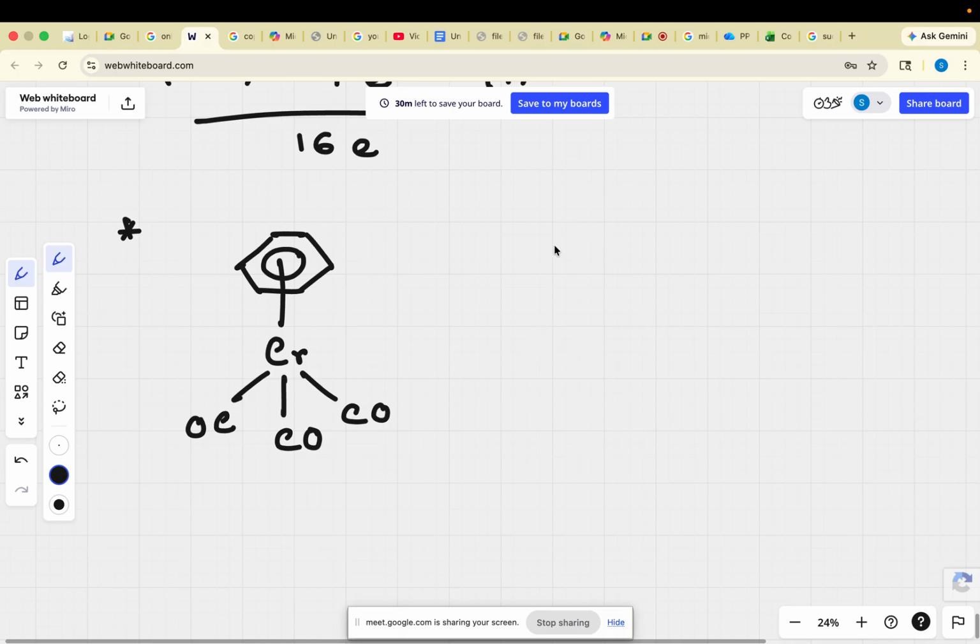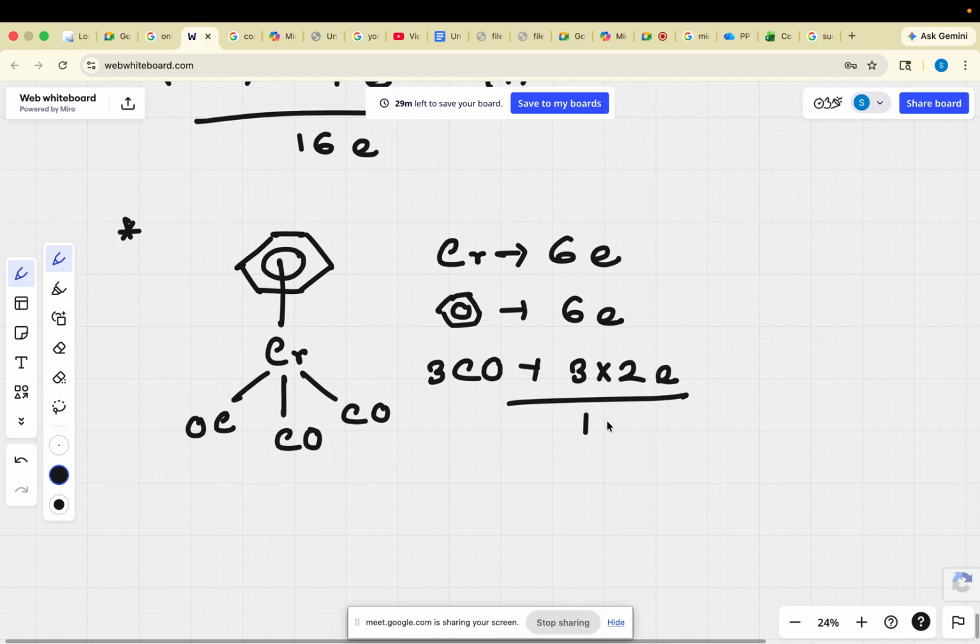How many electrons are you getting here? 18 electrons. So chromium is donating how many electrons? 6 electrons. The benzene ring donates 6 electrons, and from the 3 carbonyls you will get 6 electrons. So total I have 18 electrons here.